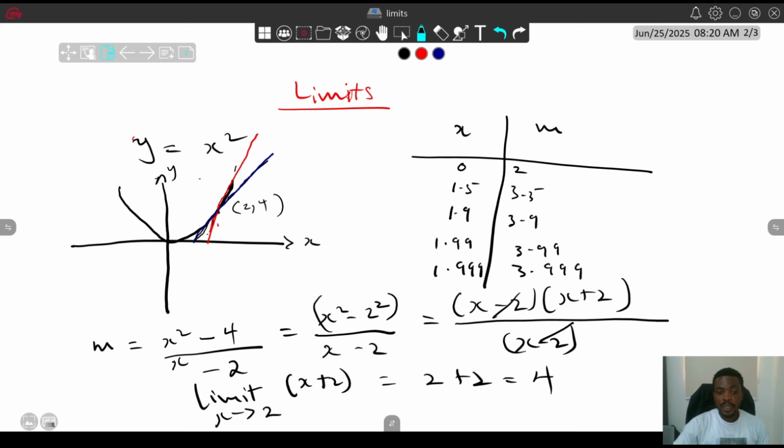So obviously, you can see that as we insert these values into our gradient formula, we are going to get values that approach 4. So now that we have our gradient, we've confirmed that our gradient is actually 4.